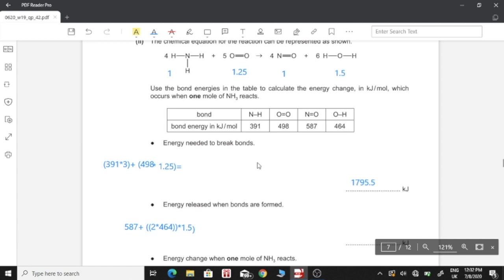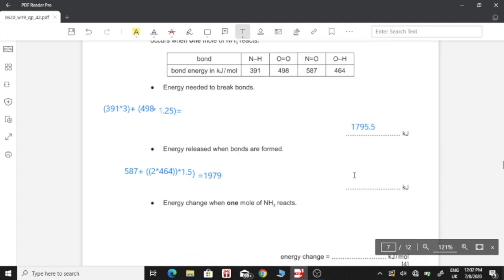Right, so when we add these, we get our answer as 1979 kilojoule per mole. So this is the energy given out when the reaction occurs.